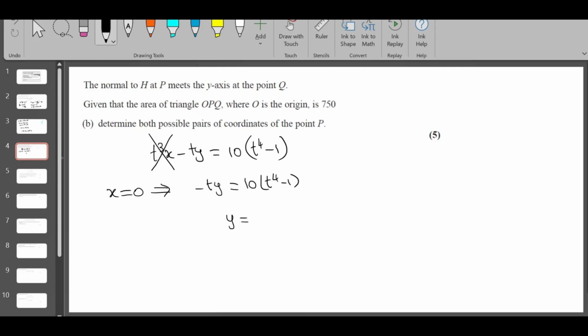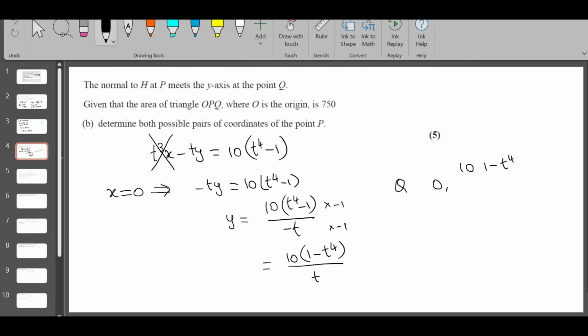Y is going to be 10 times t power 4 minus 1 divided by minus t. Multiply both numerator and denominator by negative 1. You will get 1 minus t power 4 over t. So the point Q is, x coordinate is 0, y coordinate is 10 times 1 minus t power 4 divided by t.